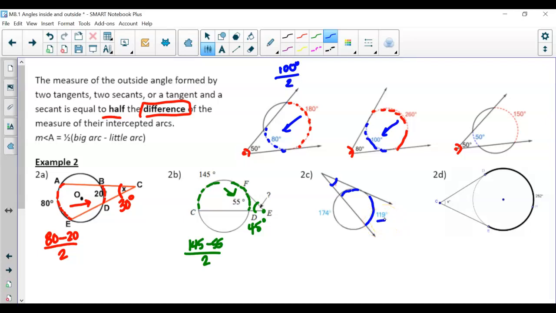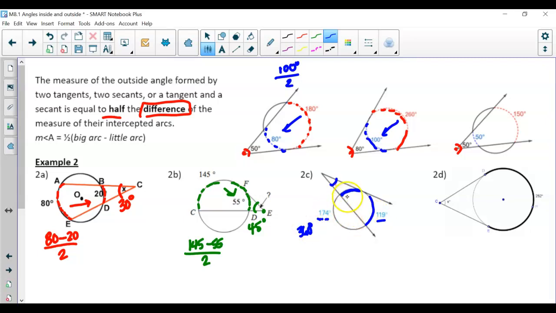Now notice though, we are given this 174. So what do we have to do to find this missing arc here? Because this is what we need to subtract. Well, our three sections of our circle should add up to 360 degrees. So we need to subtract our two arcs given to us from 360.